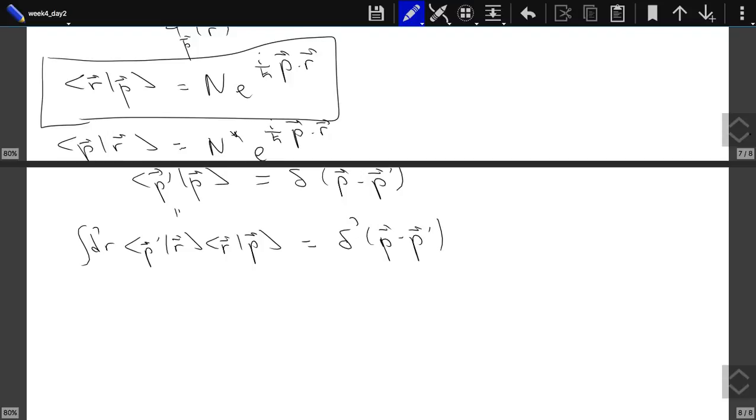Well, I know both of the inner products on the left-hand side, so let me just substitute them. The integral d cubed r. Well, ⟨p'|r⟩ is N star. Oops, sorry, here I have a minus sign: e to the power minus i over h bar, p' dot r. The second inner product in the integral is N times e to the power i over h bar, p dot r.